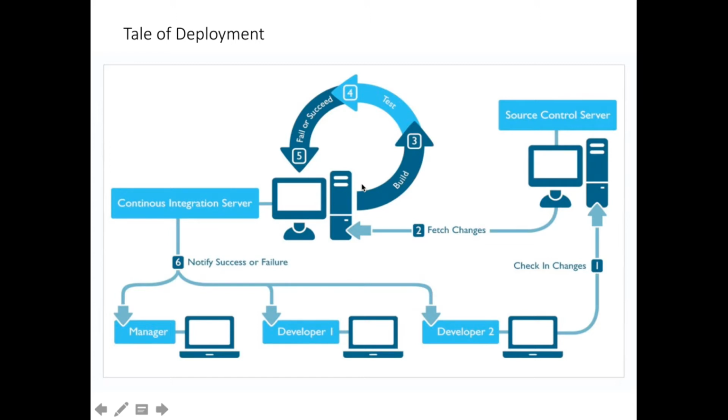A centralized build server pulls the latest updates from version control, does the build process, and automatically does some testing. Then based on failure or success, it goes to production or comes back to the bug fix. So this is the regular deployment any company follows.